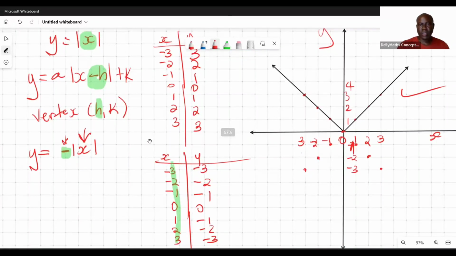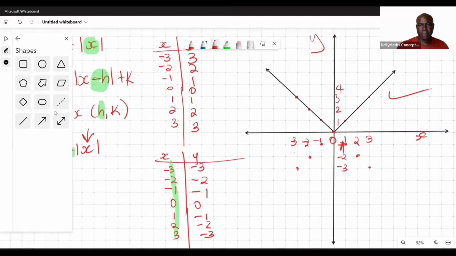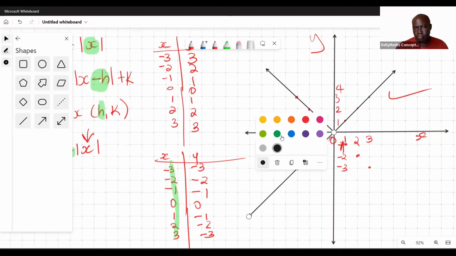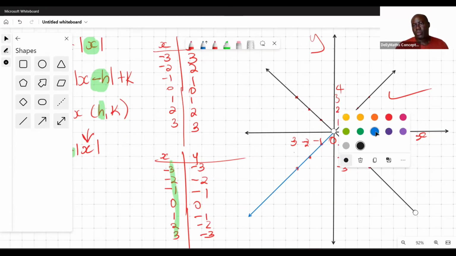Let's take a look at what we notice here.